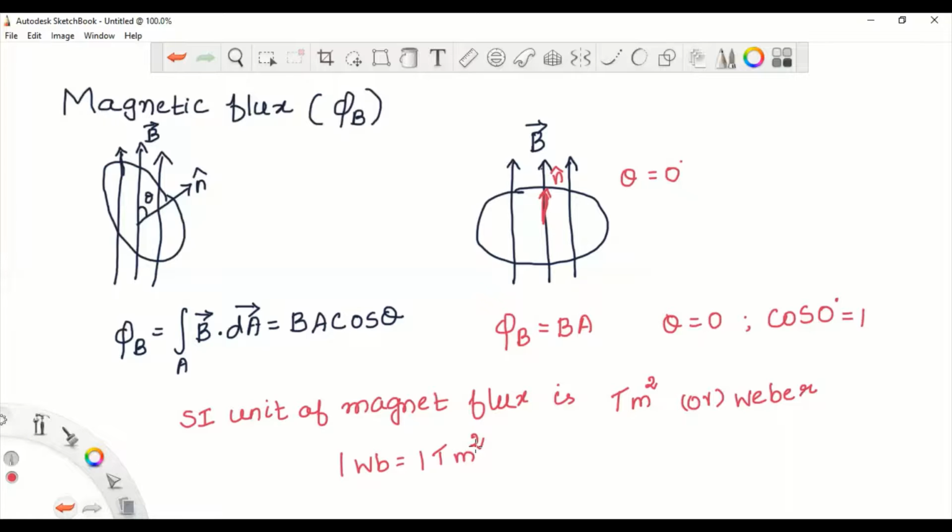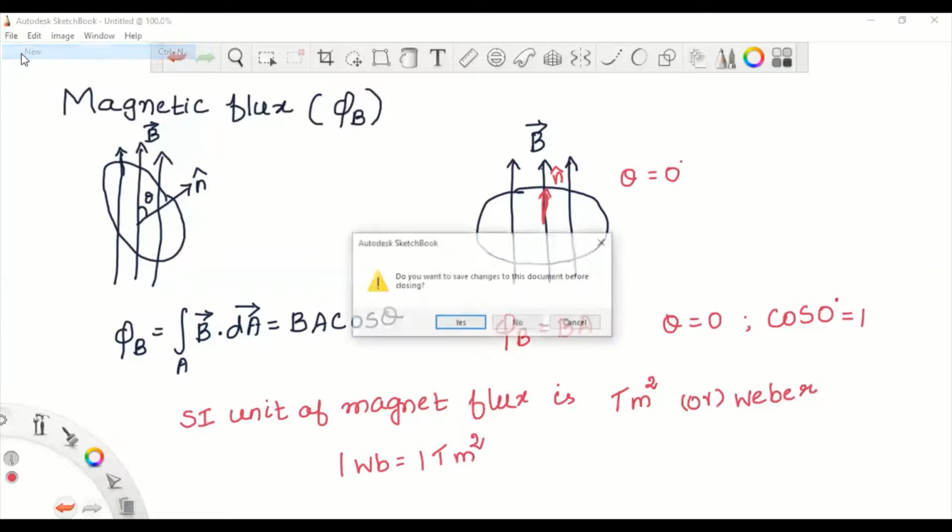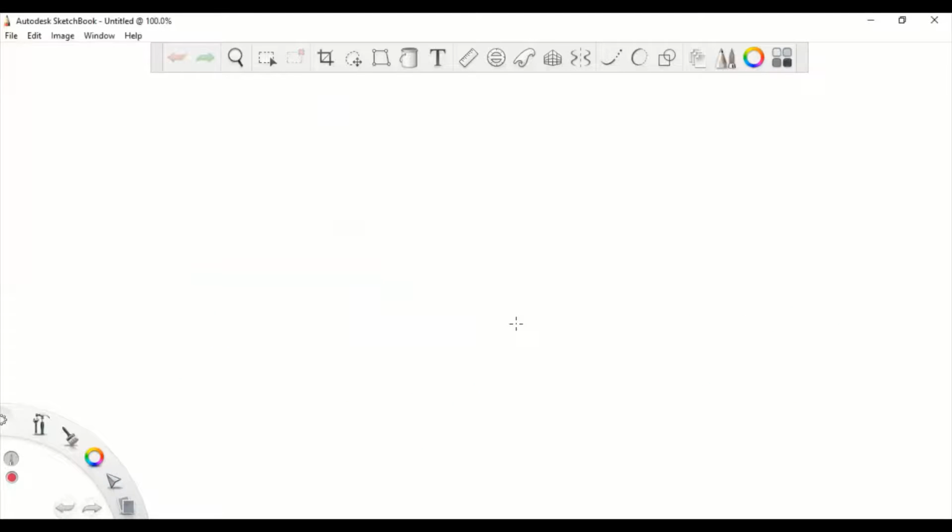Now let's see Faraday's law of electromagnetic induction.